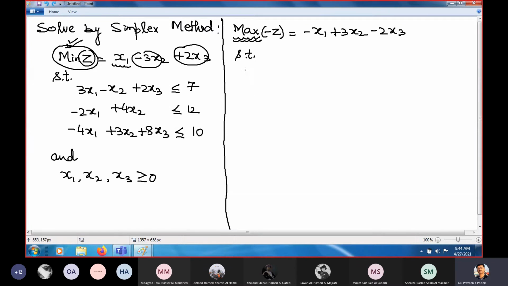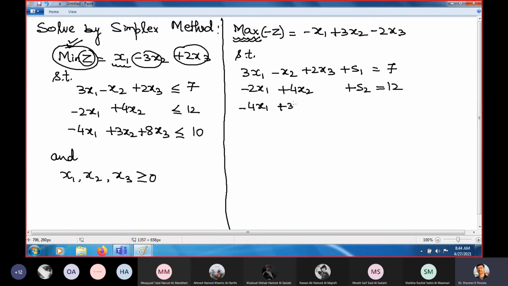Adding slack variables: 3x1 minus x2 plus 2x3 plus s1 equal to 7, minus 2x1 plus 4x2 plus s2 equal to 12, and minus 4x1 plus 3x2 plus 8x3 plus s3 equal to 10.